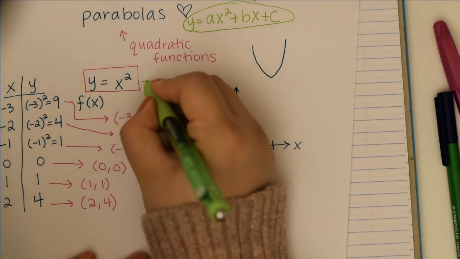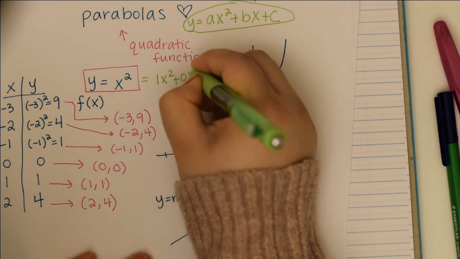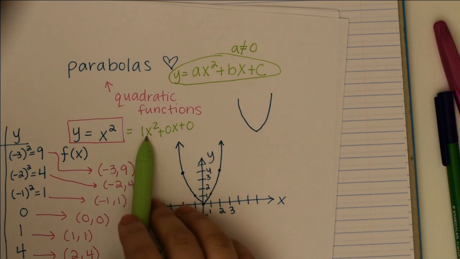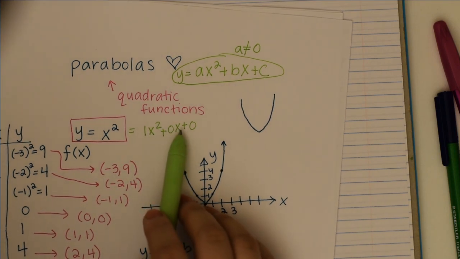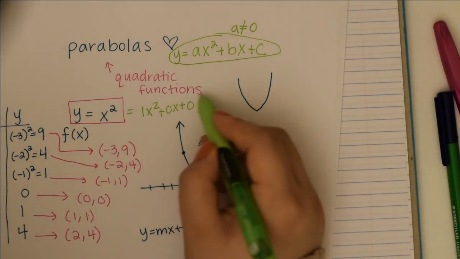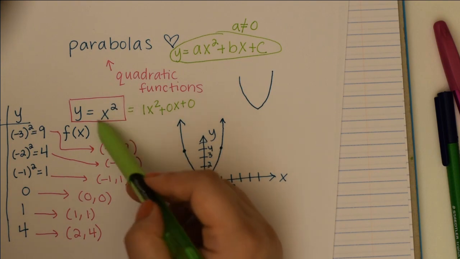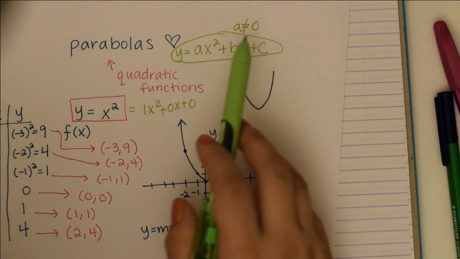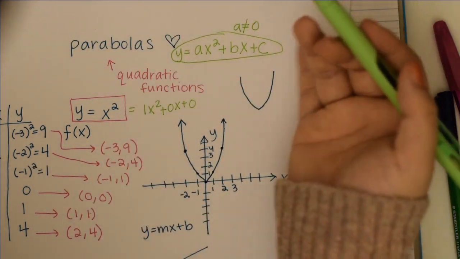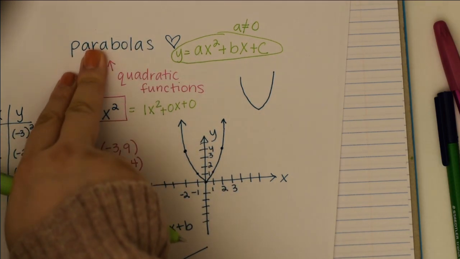You can actually picture this as 1x squared plus 0x plus 0. If you want to strictly write it as something x squared plus something x plus something, it's just 1, 0, and 0. So these go away, and that's why you get this. But this is still a quadratic function. So as long as we have a, b, and c here, we have a quadratic function, which means the graph will be a parabola.